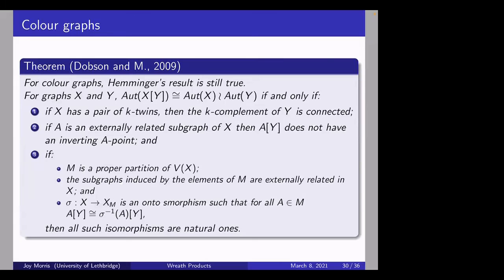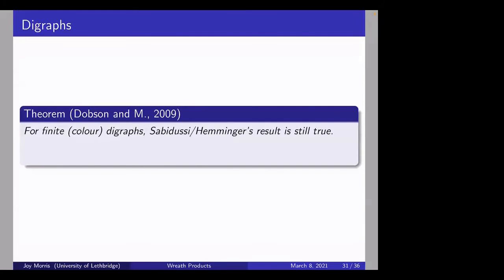So there was nothing really novel, as I say, in this piece of what we wanted to do. But in addition to color graphs, another way that lexicographic products have seen increasing use over the years is for directed graphs. So we were wondering, how do these results apply to directed graphs? I don't want to go into the details because it gets a bit complicated, but it turns out that for finite color digraphs, Sabidussi's and Hemminger's result is still true. This one is a little bit more interesting because there are some more technical details in the proof that we did have to deal with.